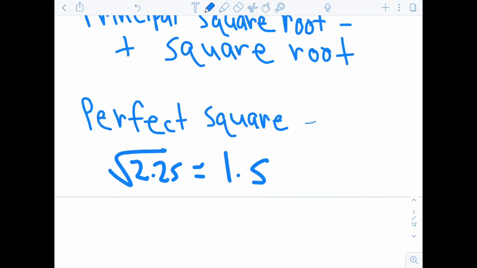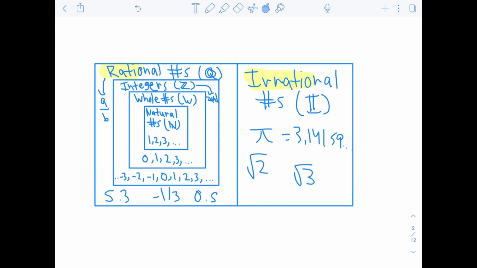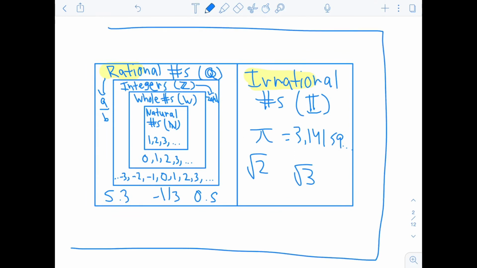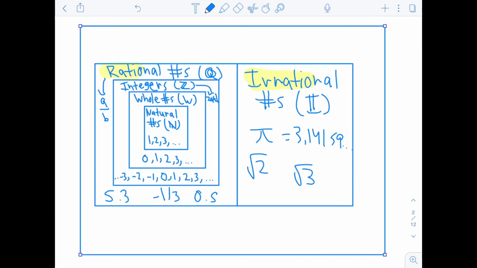So when you take the square root of a number that is not a perfect square, then you get irrational numbers. Also, the symbol for irrational is going to be the I. It's not for integer, it's for irrational. So all these sets of numbers are called the real numbers.